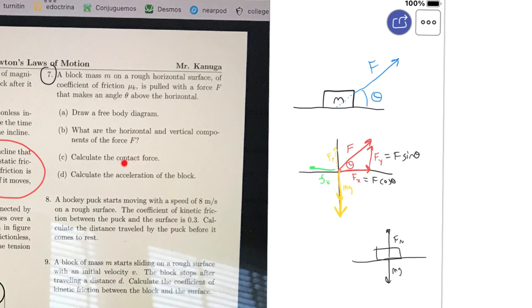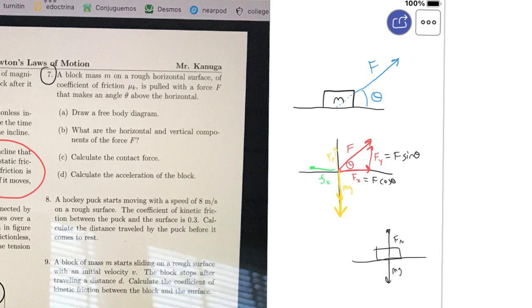Contact force, I'm going to assume they're talking about the normal force there. How much is the ground pushing back? Which is a reflection of how much the block is pushing down.